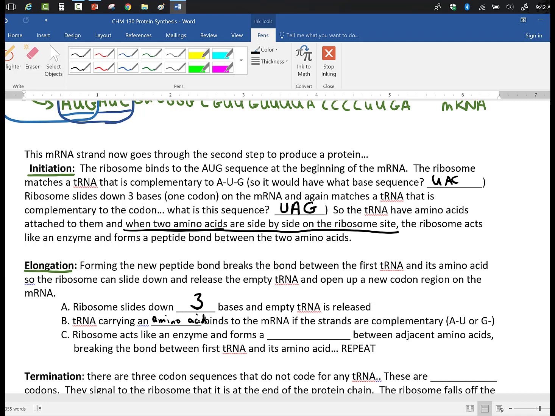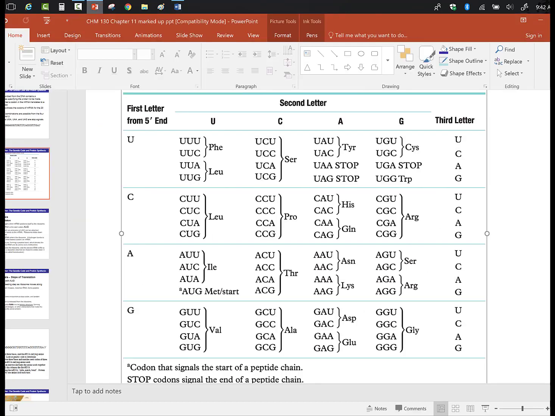That's what's going to determine what fits there. The code on the mRNA matches a specific tRNA, and which amino acid it's carrying is based on this genetic code. So this has been determined. This is consistent.